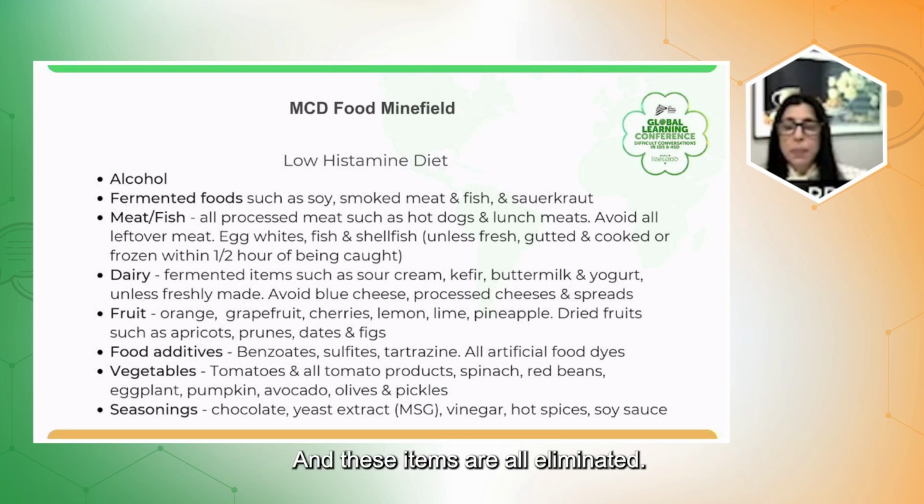And these items are all eliminated. But again, if you look at this list, if a person eliminates all the foods on this list, they're not going to have that much to eat.